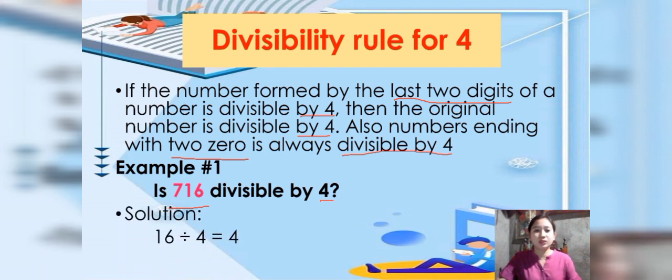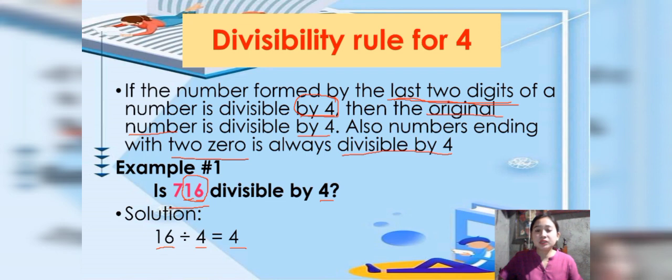Here's the solution. We said a while ago that if the last two digits of a number are divisible by 4, then the original number is also divisible by 4. Now, in this example, the last two digits are 1 and 6, this one, 16. So now, 16 divided by 4 is equal to 4, or the quotient is 4.